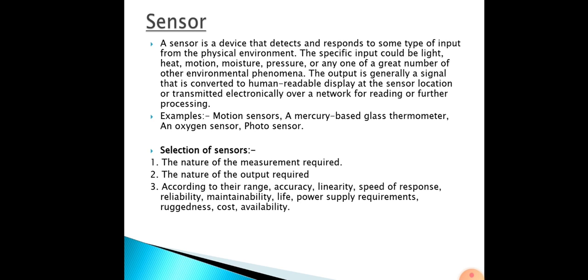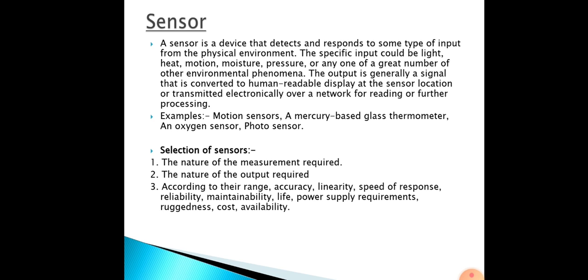Then how do we select sensors? Here we consider the variable to be measured, its nominal value, and the range of the value. Then the nature of measurement required and the nature of output required.